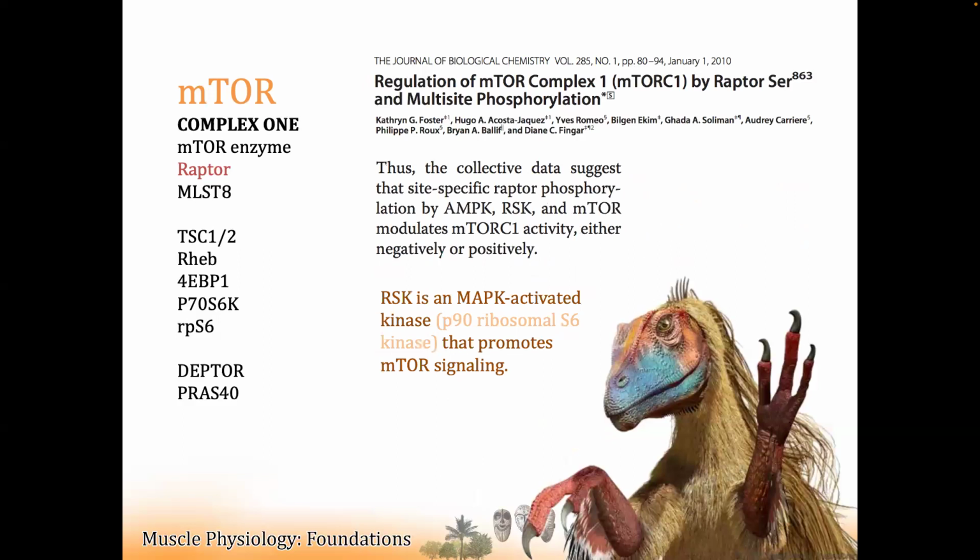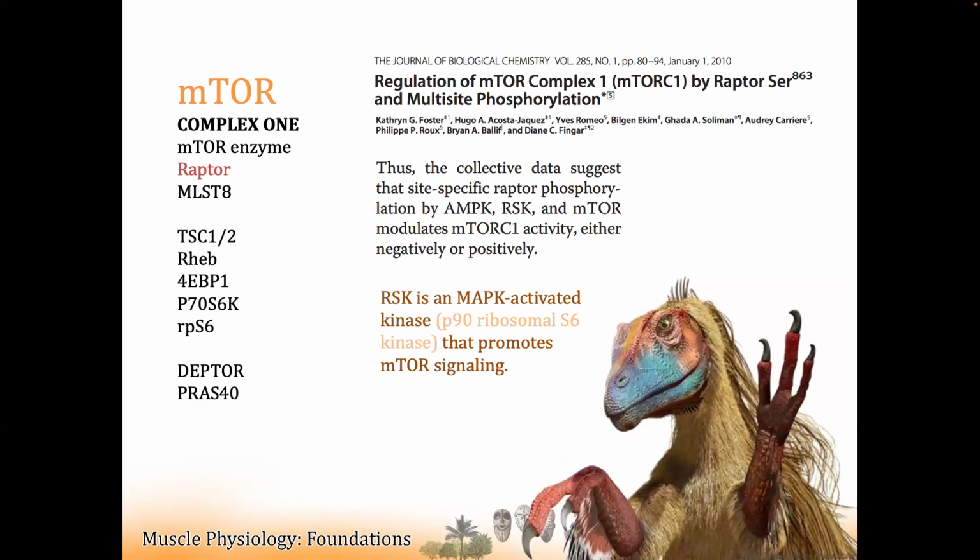So Raptor, major site for mTOR interaction, lots of stuff phosphorylates it. Again, some of that stuff promotes like MAPK, other stuff inhibits like AMPK, suspiciously similar names, but remarkably different kinases, MAPK and AMPK.